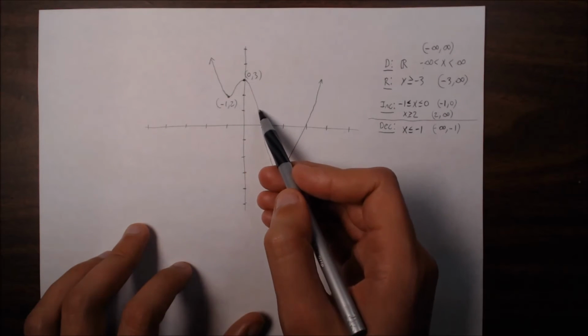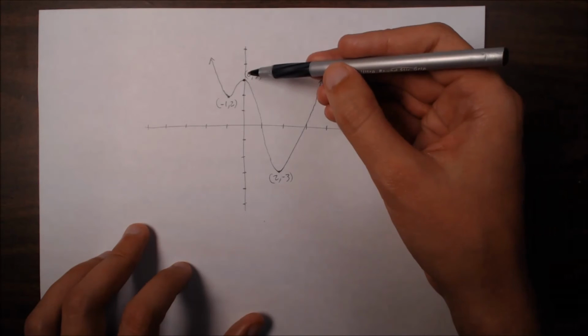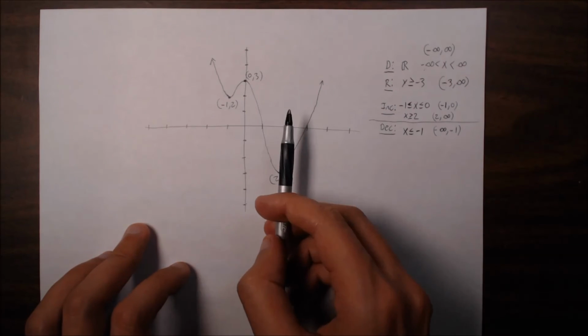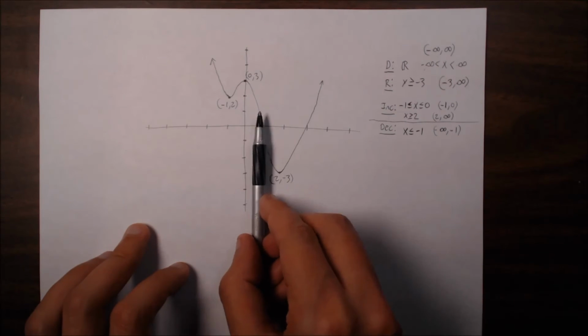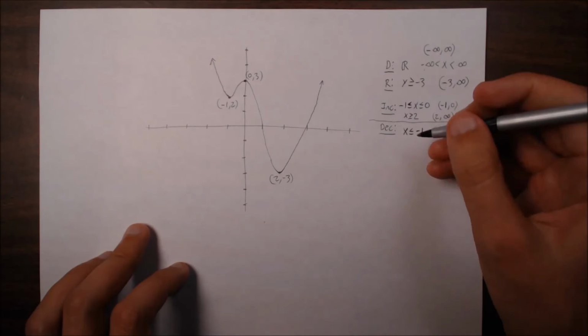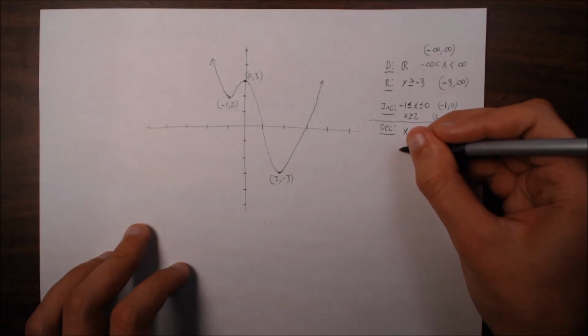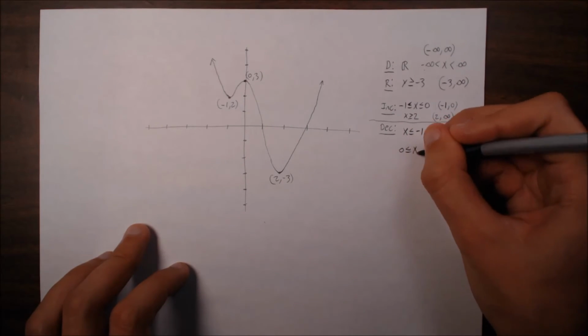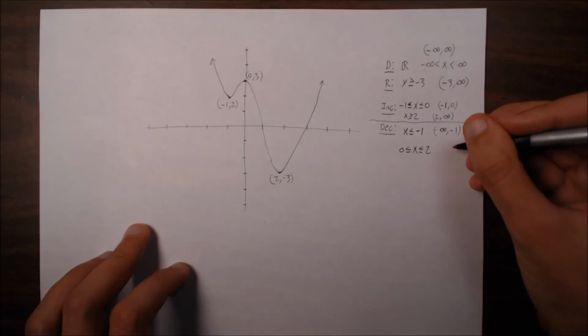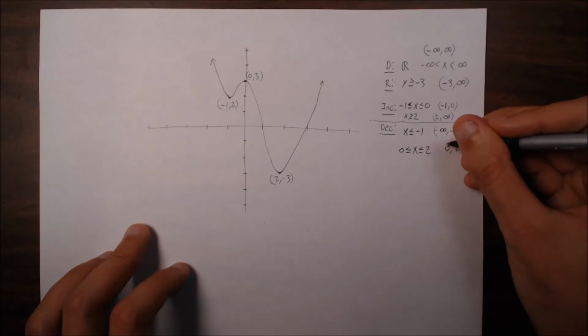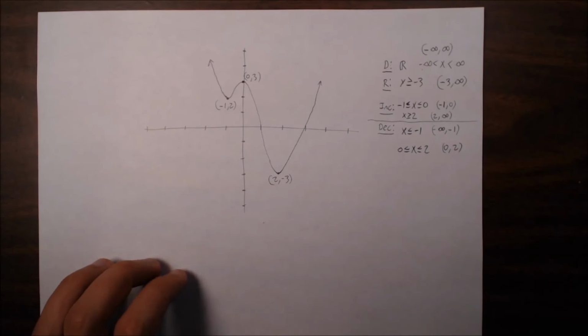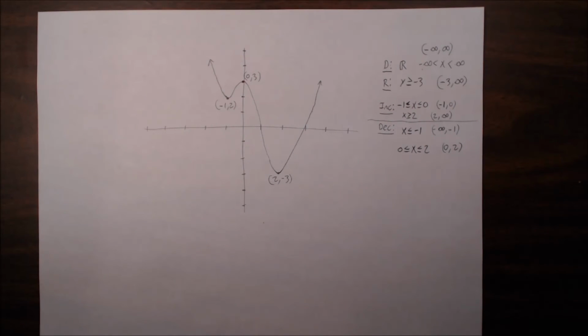And then we have an interval of decrease right here from 0 to 2. Remember, we only look at the x-coordinate. From 0 to 2, the graph is decreasing. So we're going to say from 0 less than or equal to x less than or equal to 2, or interval notation. And those would be the intervals of increase and decrease.